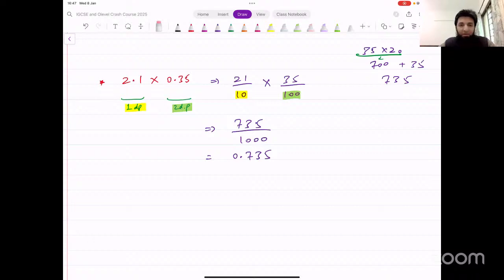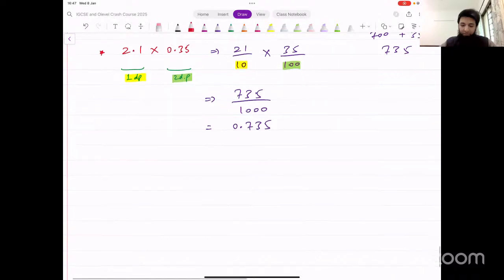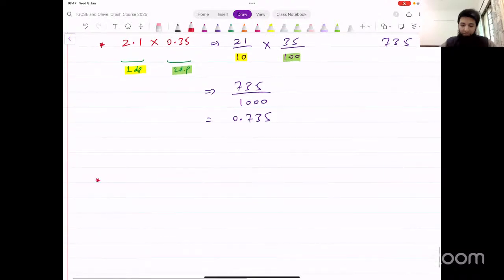Let's take another example. In the last one we had 1 and 2 decimal places. Let's try an integer now. Let's say we've got 7 times 5.1.